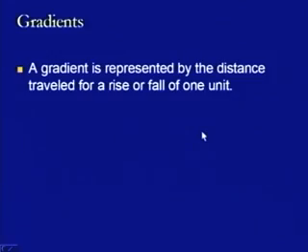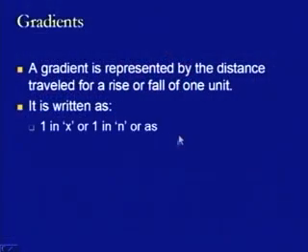If you are moving a certain distance in any direction, and after moving that distance we find that there is a rise or a fall by 1 unit, whatever unit of distance we are considering, whether meters, centimeters or millimeters, then that is what is going to be the gradient. Say if we move some distance, and after that we find there is a change by 1 meter, then that is the gradient in that form.